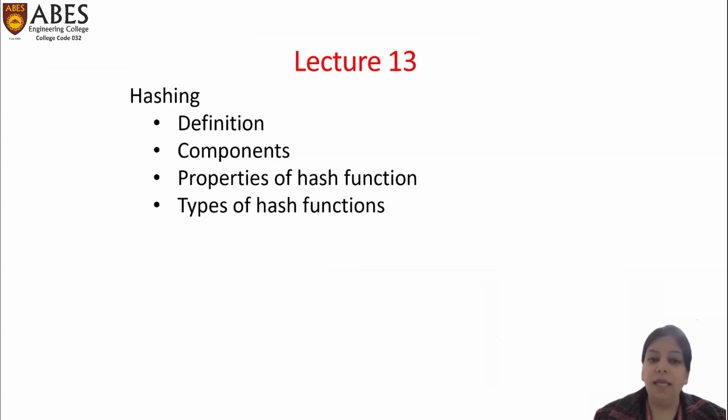In lecture number 13, we will be looking at the hashing technique, and we will see the various components of hashing. We will also see the properties of hash functions and the various types of hash functions that are used for hashing.